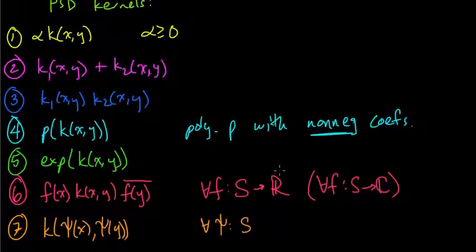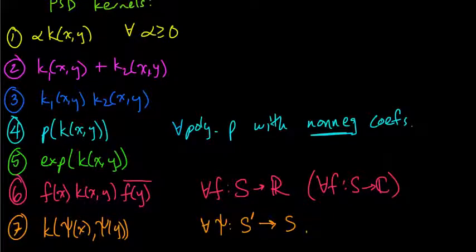And now, a slight change of notation maybe, the x's and the y's are going to be in some s prime, and psi will map us into s. So k is still a kernel on s, as we originally defined it to be. And this was for all.